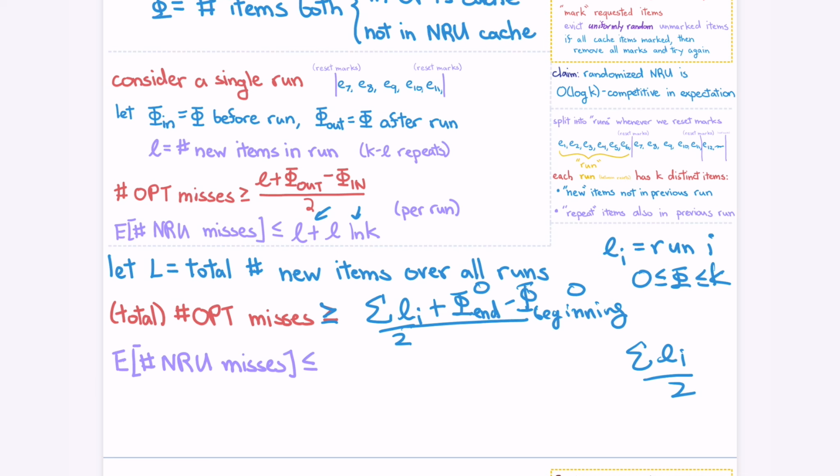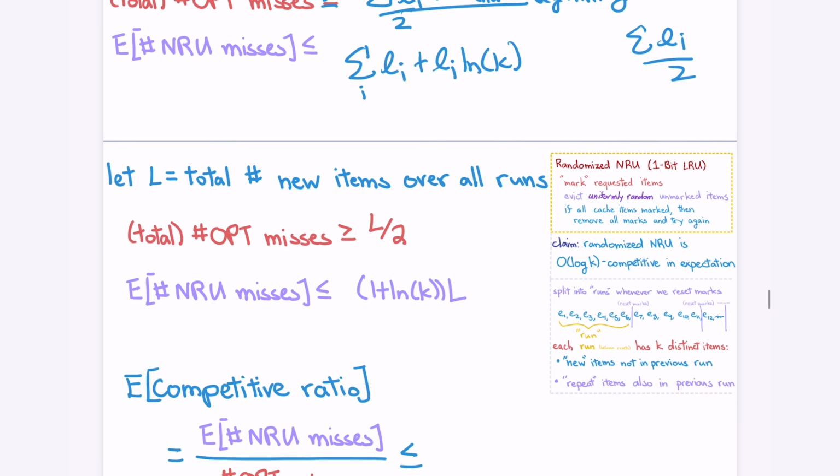And meanwhile, the expected number of mistakes we make is we sum over all these i's, and we make Li mistakes right away, plus Li log k. Okay, and we put the ratio over 2, one over the other.